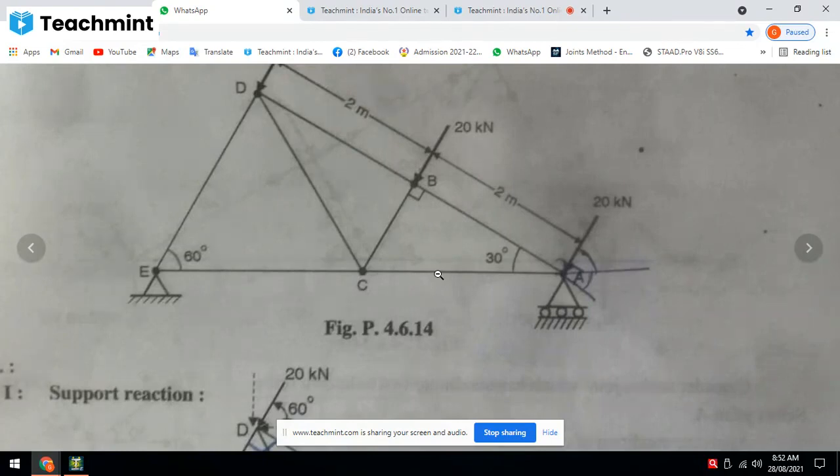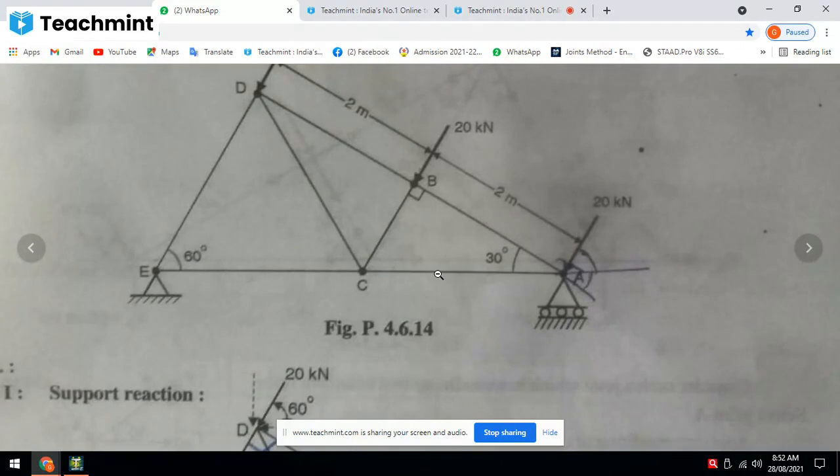Then again I will draw the perpendicular. So this will be the hypotenuse. Now cos 30 is equal to adjacent, suppose AC dash, by hypotenuse AB.